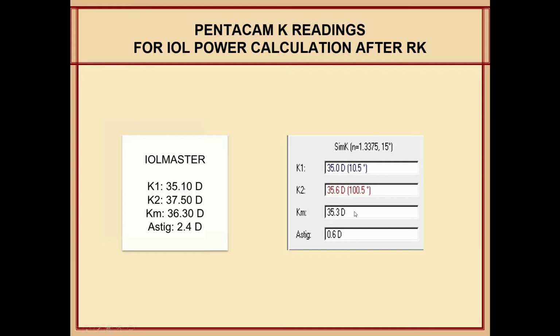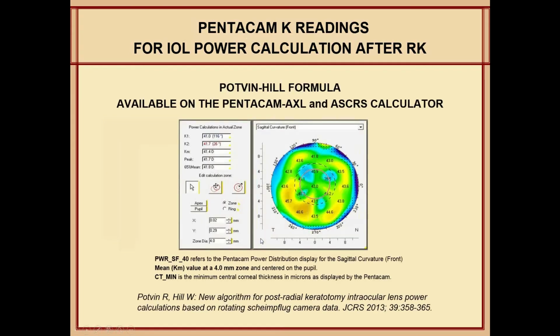So in these cases, if the two values match, you're in great shape. If they don't match, I would look more specifically at the values that you get from the Pentacam. And what the Pentacam people also did is a study with Dr. Potvin and Dr. Hill, and they published it in the Journal of Cataract and Refractive Surgery.